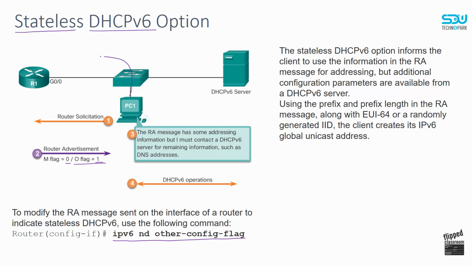Your computer will contact the router. The router will say, okay, generate this IP address by yourself, but also contact the DHCP server, and your client will make contact with the DHCP server and get all other information from it, like gateway information and the DNS server's IP address.